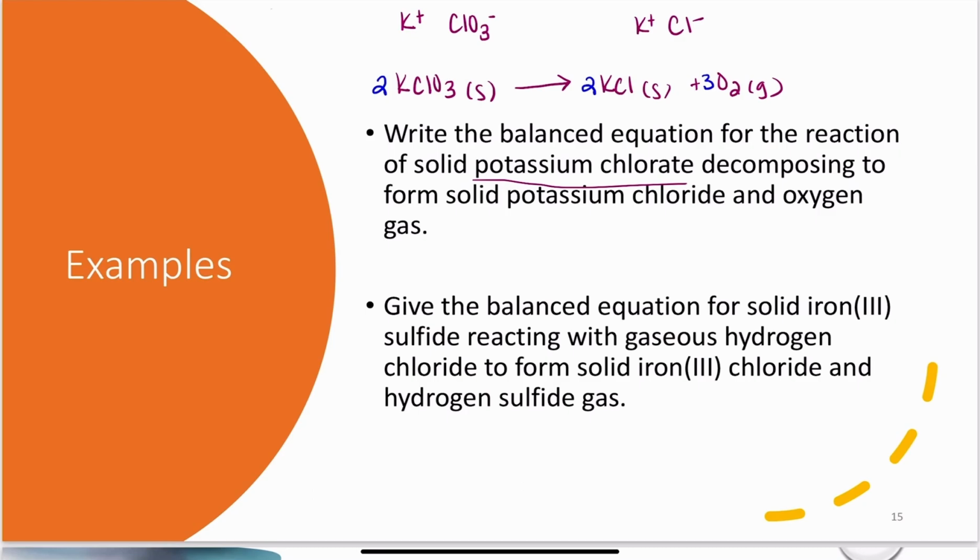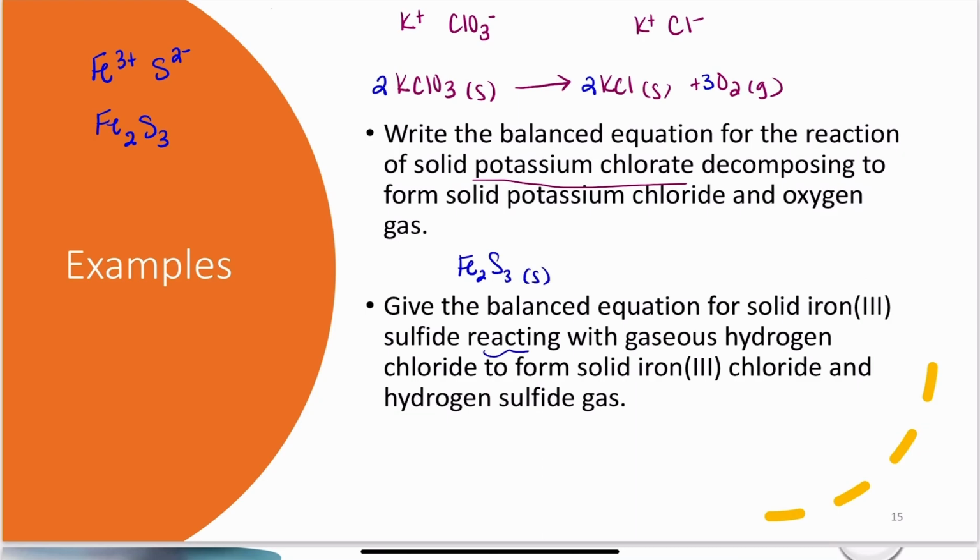And the last example, give the balanced equation for solid iron 3 sulfide. So let's see, iron 3 is Fe3 plus, sulfide is from sulfur, the ion of sulfur, so S2 minus, that will give me Fe2S3, it is a solid.